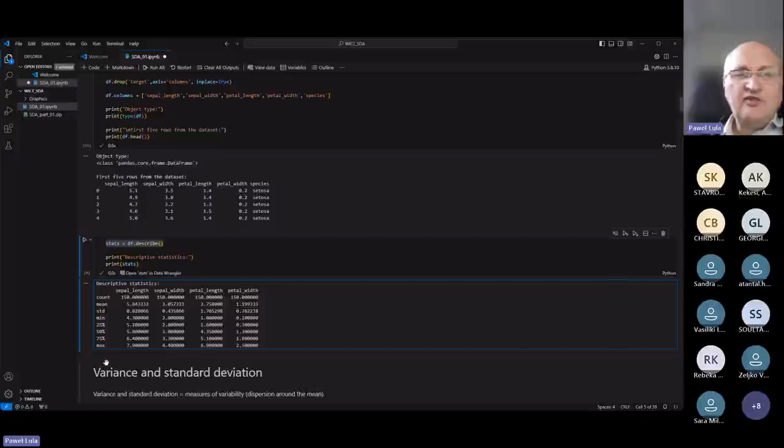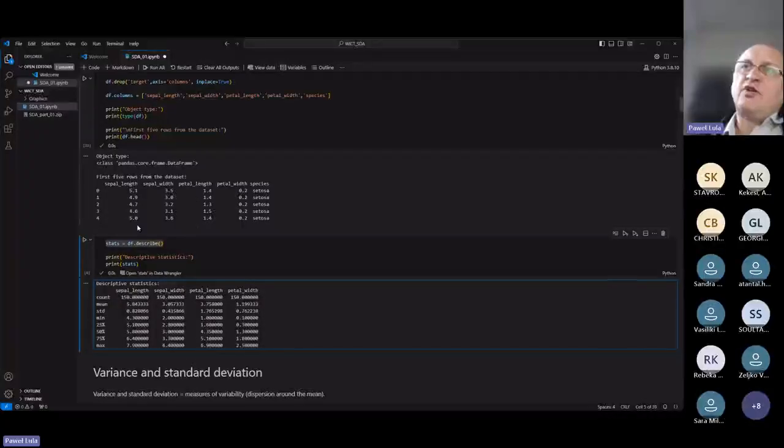Some of them are very, very simple. Count. Count means the number of values. So in every column we have 150 values. Mean. It is an arithmetic mean calculated for every column.